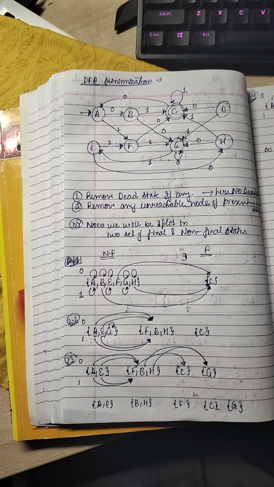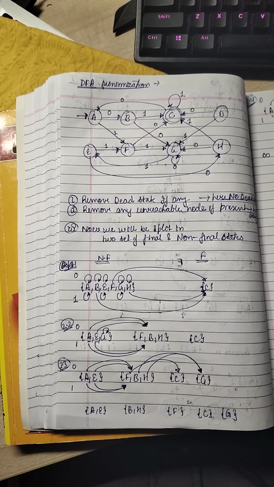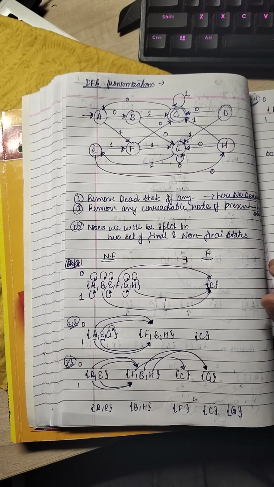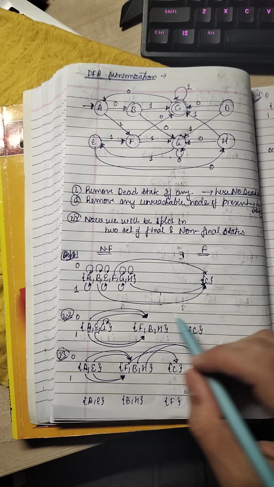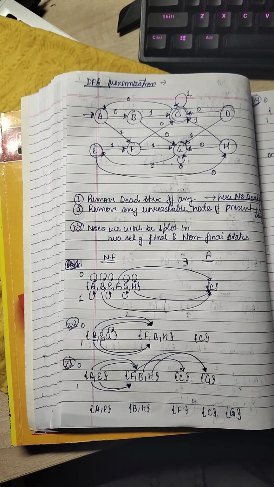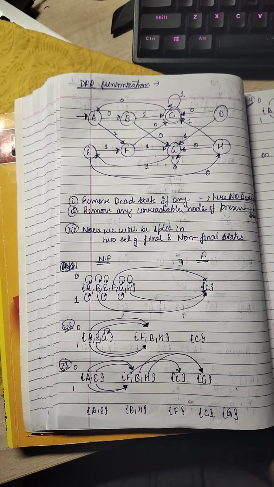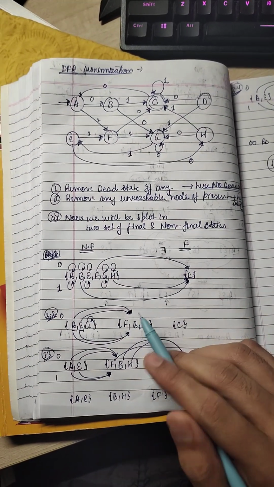because the upper arrow shows the direction of 0. The upper arrow shows the movement of 0 from A to other states, and the below shows the transition of 1. So now moving further, let's see.